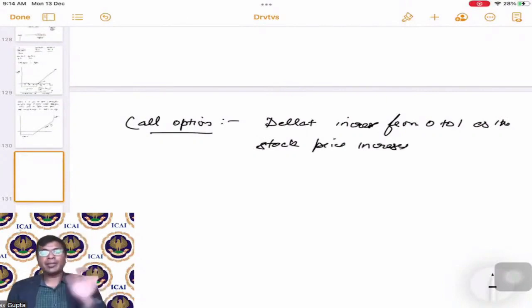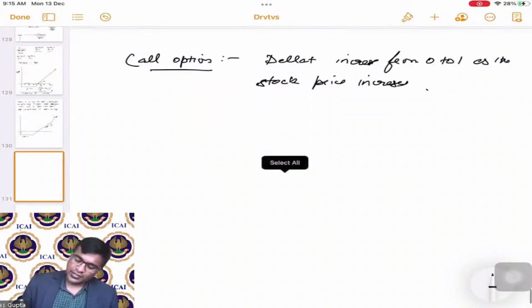Because as the stock price increases, the call option price will also increase and it will become from out of the money to in the money. And since it is becoming out of the money to in the money, the delta will also increase from 0 to 1. The reverse would be applicable for put option now.